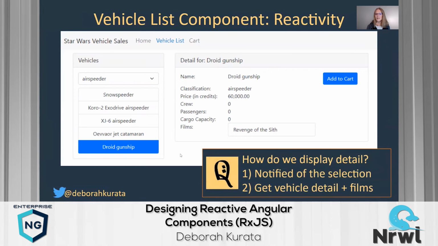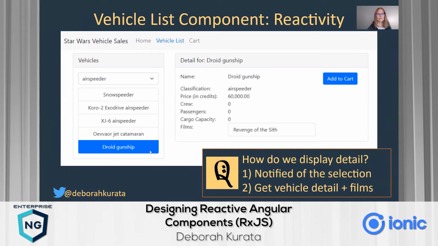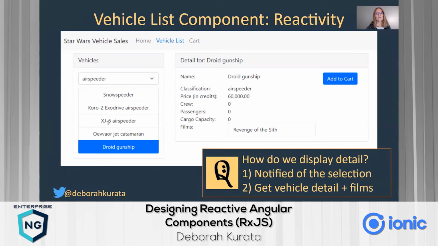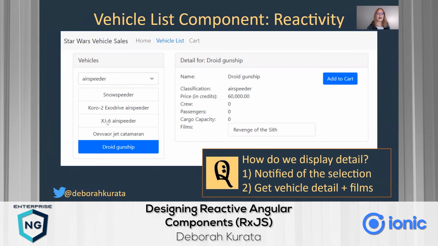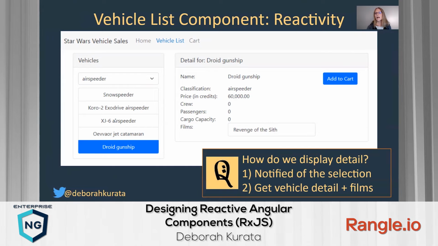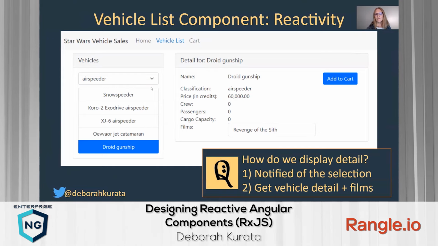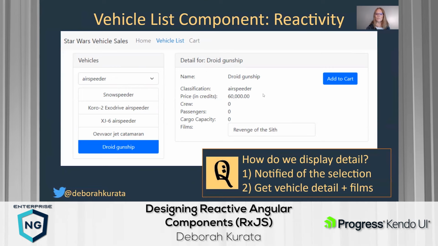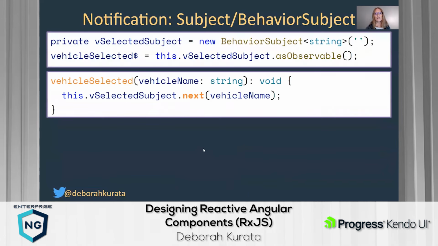Well, first of all, again, we need to be notified of the selection. The detail component needs to be aware of the fact that someone on the list component picked something. So we need to have that notification. Next, we need to get the vehicle detail and the related films. So first step is notification.